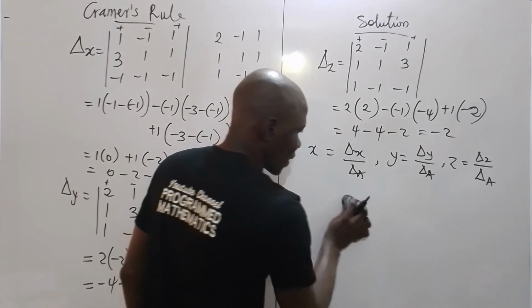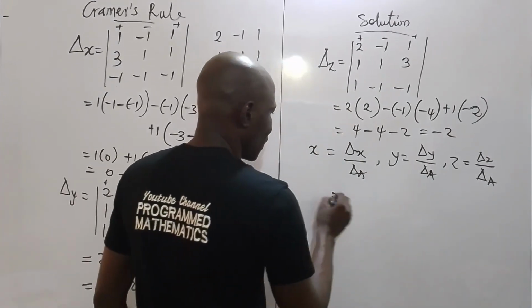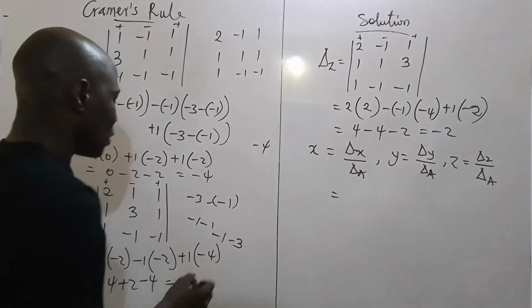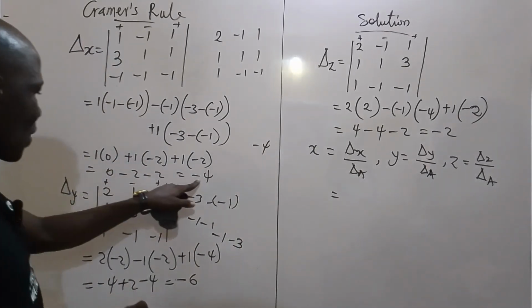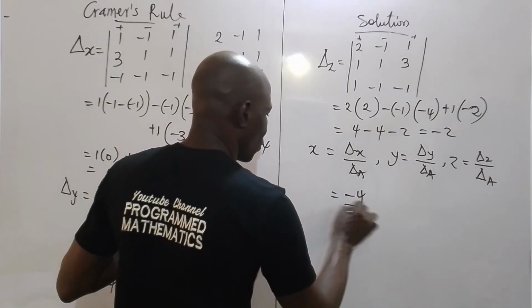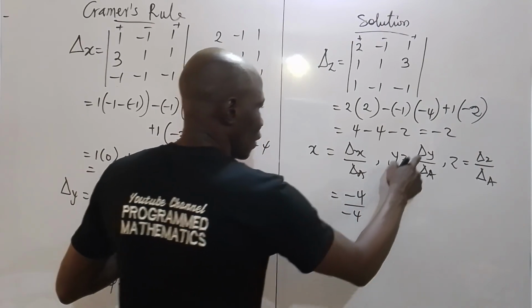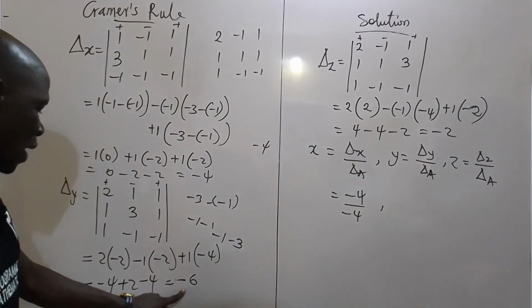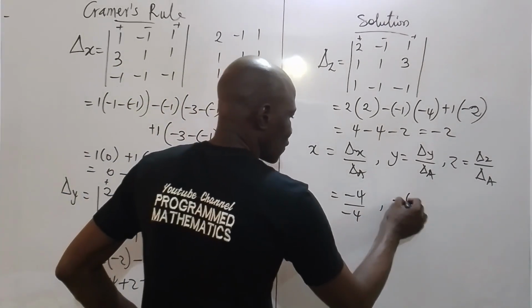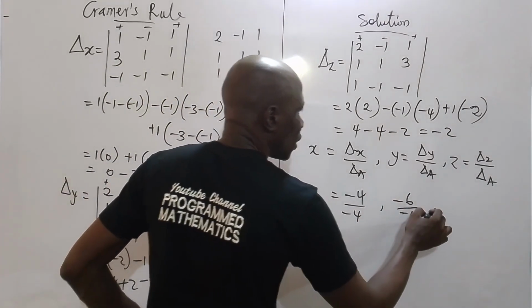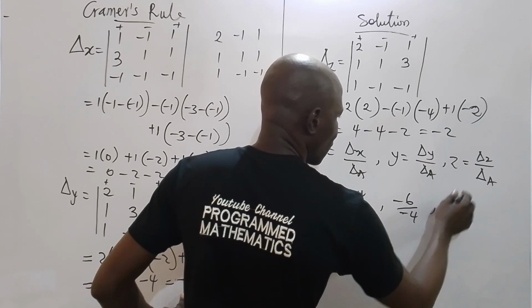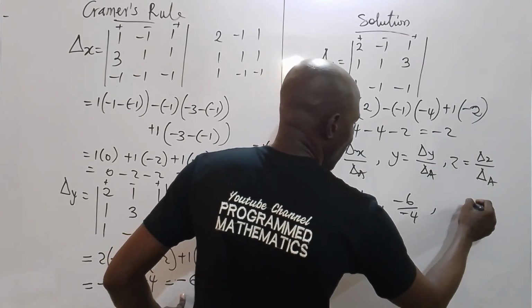So we have delta x here is minus 4, so minus 4 over minus 4. Then y, delta y is minus 6. Minus 6 over minus 4. And delta z for z is minus 2.